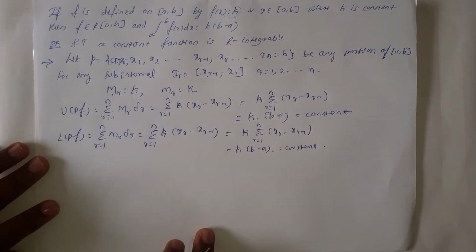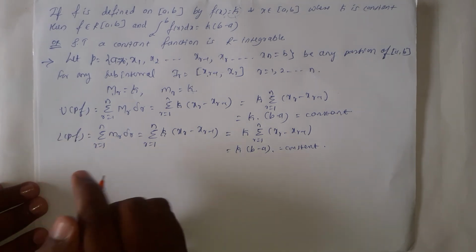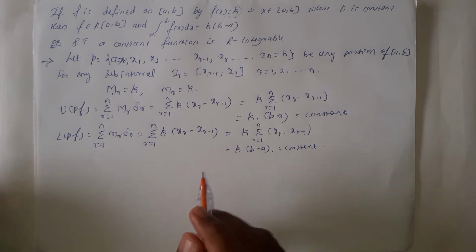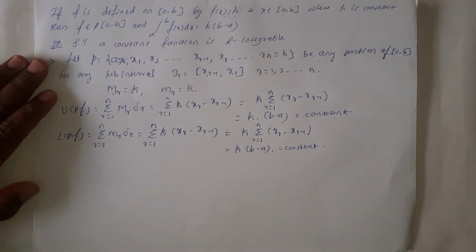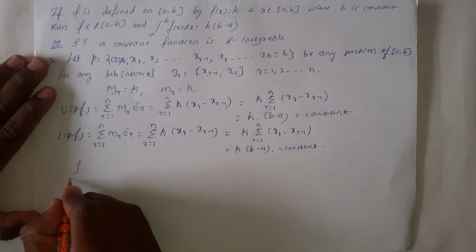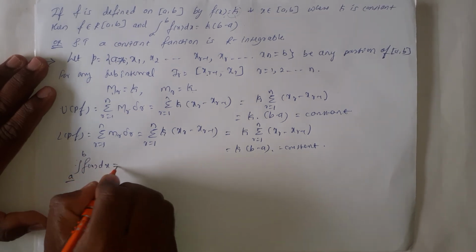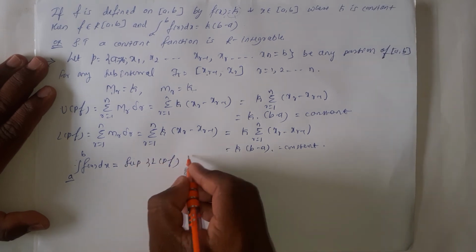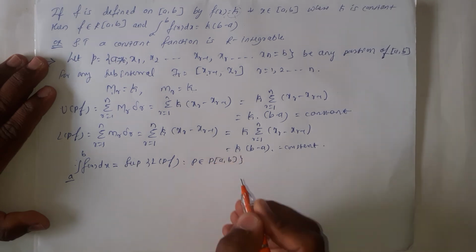Then UPF and LPF both are constants. Then their infimum and supremum, they will be the same constant. They are nothing but upper Riemann integral and lower Riemann integral. So let us find the lower Riemann integral, integration from a to b of f of x dx, that is equal to supremum of LPF, such that p belongs to the partition of the closed interval [a, b].